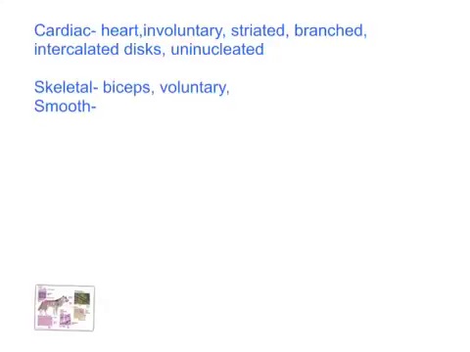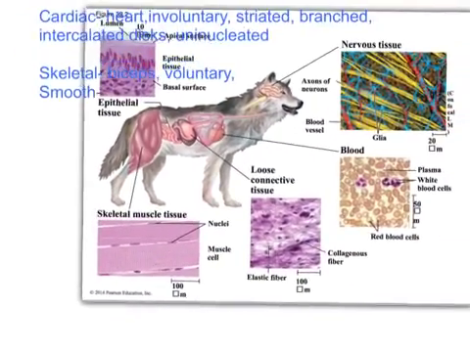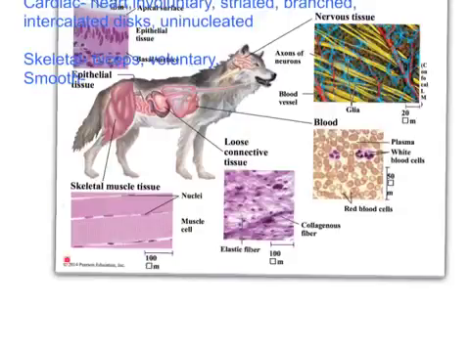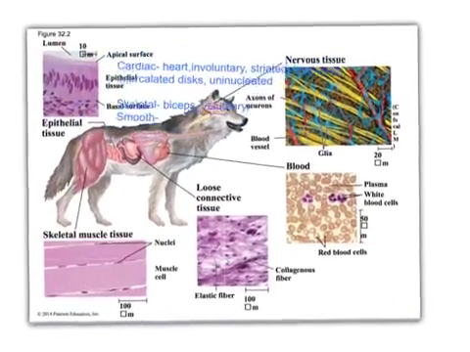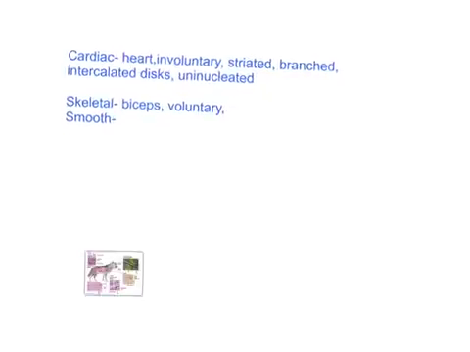Okay? Skeletal muscle, if I go back to this picture right here, here's a picture of skeletal muscle. What do you see about that skeletal muscle? It's striated. And it's multinucleated.